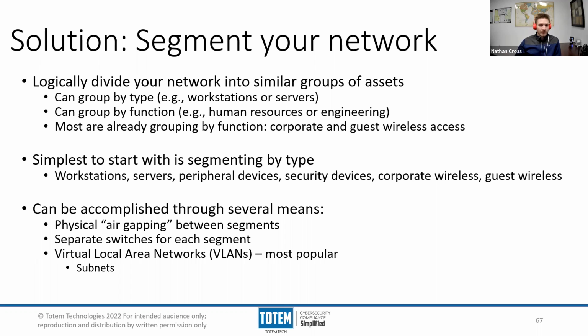Now, there are multiple ways that you can accomplish network segmentation. One is, and this is probably not going to be the case for most of us, that you could literally physically air gap between different segments. And we have actually seen this with some of our manufacturing clients.